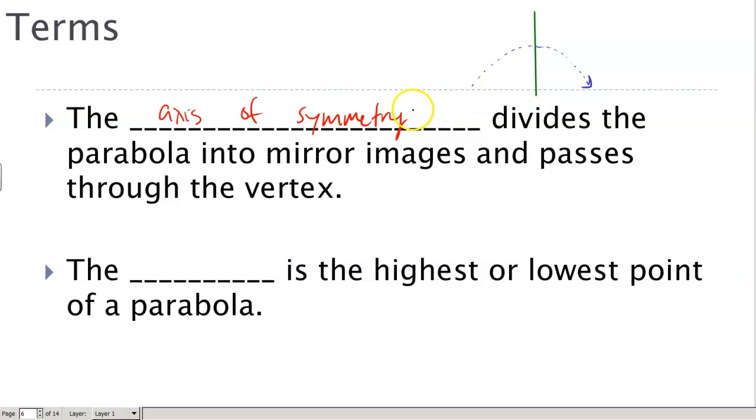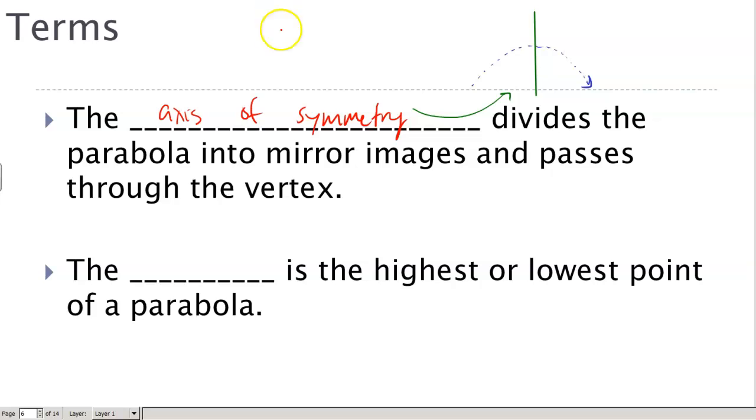That's called the axis of symmetry, meaning the left-hand side of a parabola is equal to the right-hand side of the parabola. In other words, if you went outside right now and threw a ball up in the air, it would take a certain amount of time to reach the highest point. It would take the exact same amount of time to get back to your hand. Basically, it's going to be symmetrical.